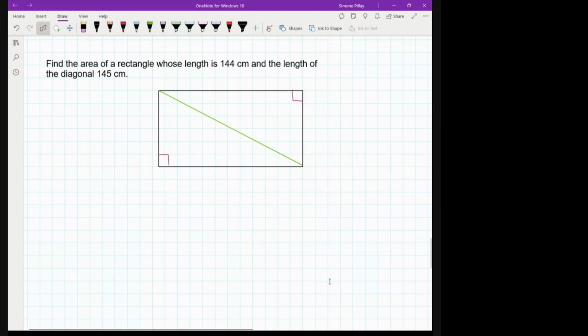Ma'am, I'm thinking since the length of the diagonal part is 145, I'm thinking of labeling the diagonal part 145 and then the length of 144. Ma'am, it doesn't say which side, but I want to think that it's basically the bottom side. I'm just thinking, ma'am. Why can't it be the top side?